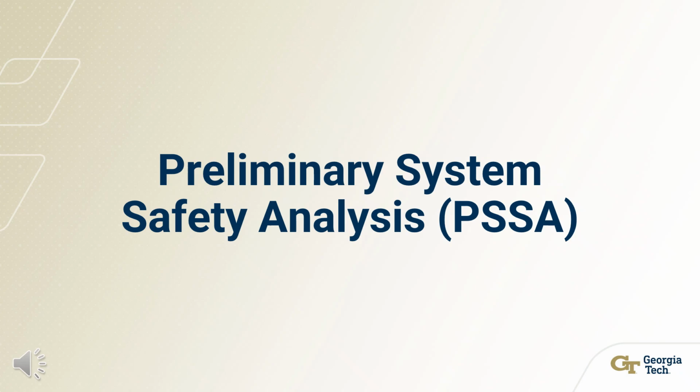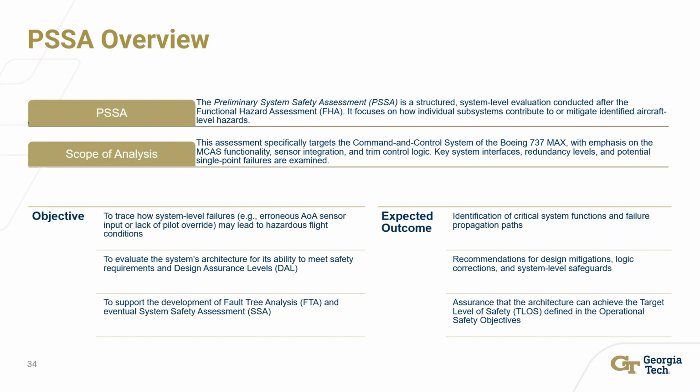Now we move into the preliminary system safety analysis, or PSSA. This is a structured analysis that evaluates how well the safety requirements are implemented in a system architecture. For the 737 MAX, we focused on MCAS, or Maneuvering Characteristics Augmentation System, due to its role in the recent accidents.